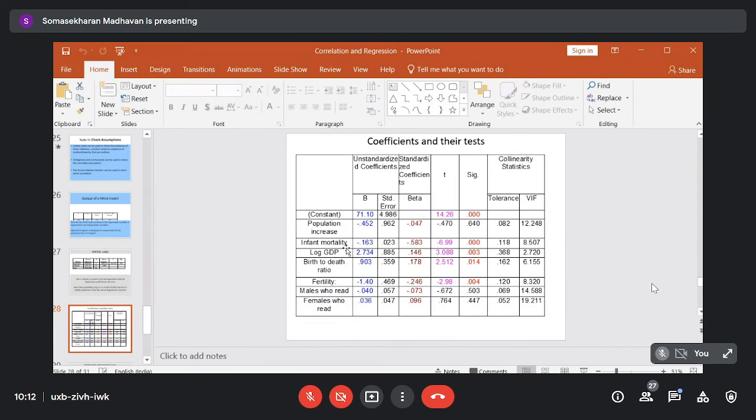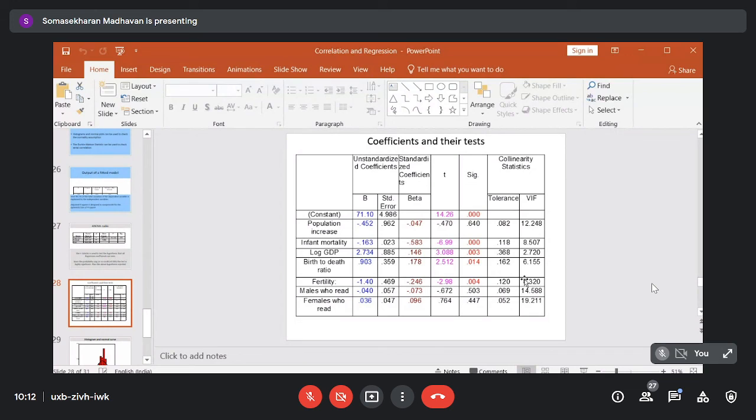So regarding infant mortality, log GDP, birth to death ratio and fertility, there is no problem of multicollinearity. But the others have, which is slightly more than 10. Then you can modify the model again, or there are certain procedures to choose the significant variables among these variables.